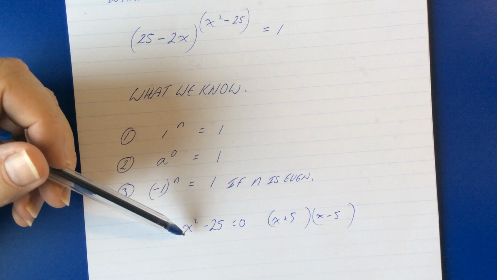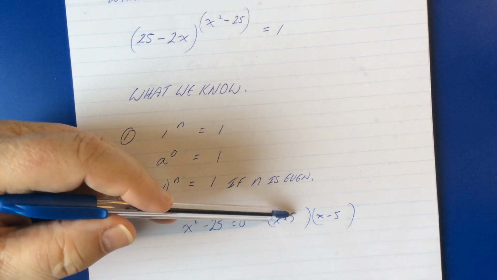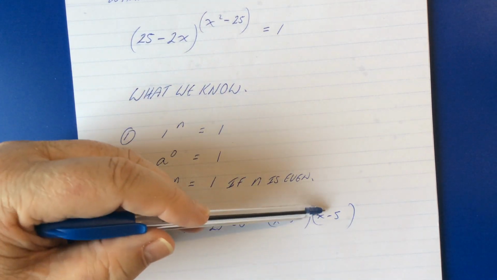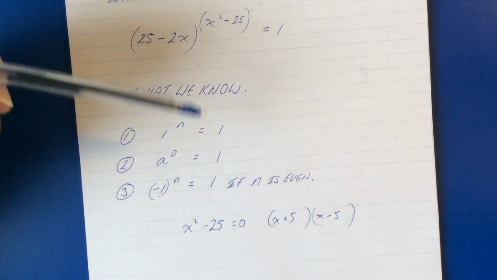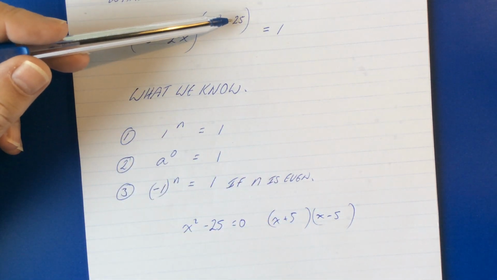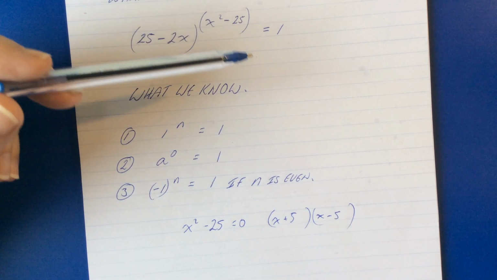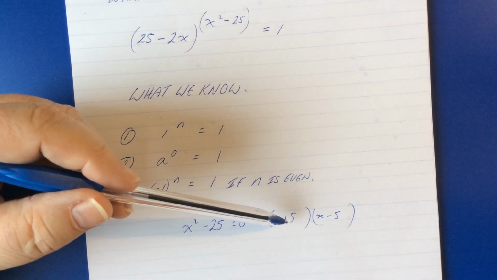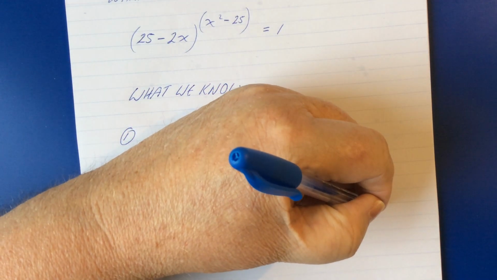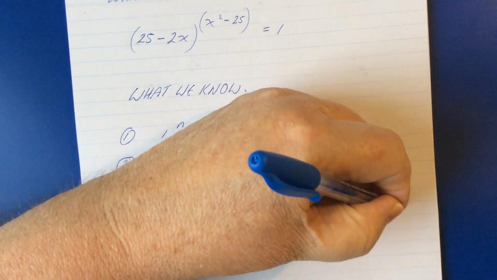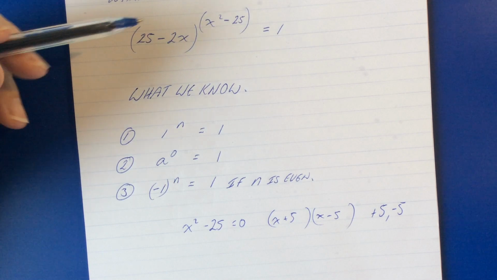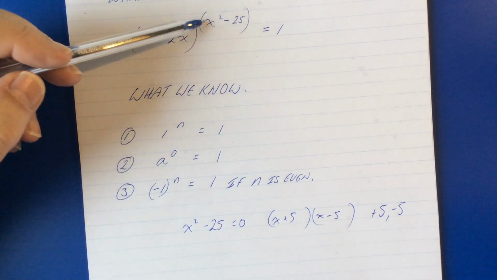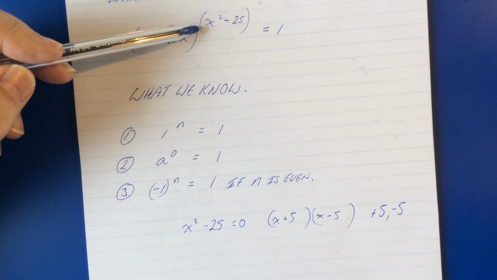If we put either of those values, negative 5 or positive 5, into this, we will get 0. So the possible values of x are positive and negative 5. Now that solves this bracket for 0.